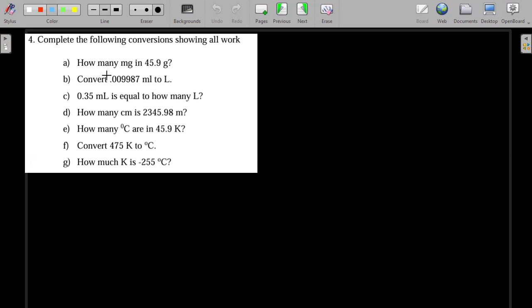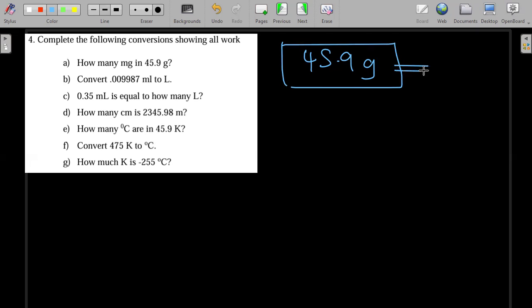So like here, the first one, they're saying how many milligrams are in 45.9 grams? Okay, so it means we're changing this to milligrams. So how do we change that 45.9 grams to milligrams? We just have to know the... Multiply by 100. Exact, multiply by what? 1,000. Okay, yeah.